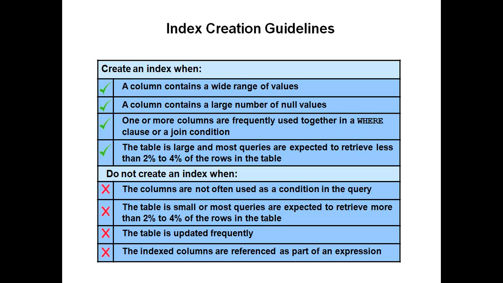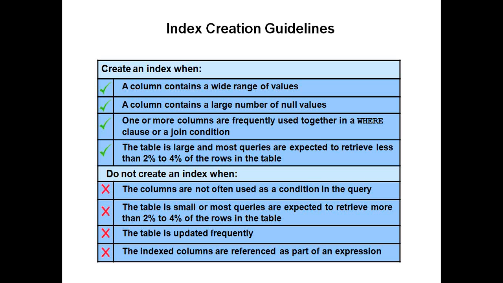So if every time you would be retrieving a maximum of 4,000 rows, then it is better to create an index so that the retrieval will be faster. So that is what it says. If the table size is very large and you are retrieving only 2% to 4% of the rows, then you need to create an index in order to improve performance.